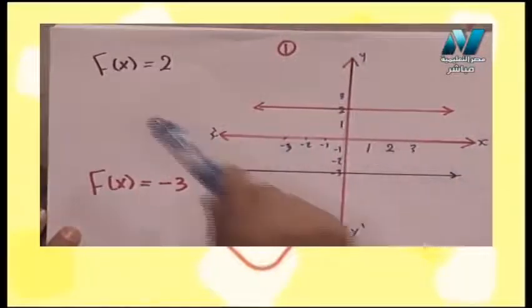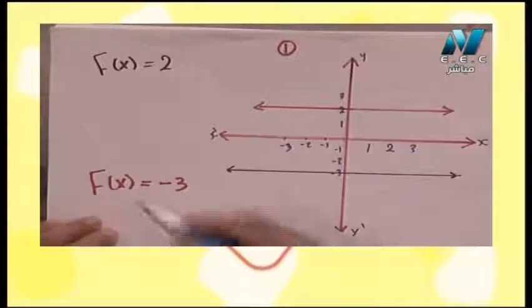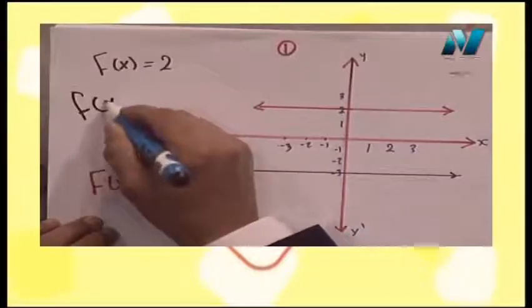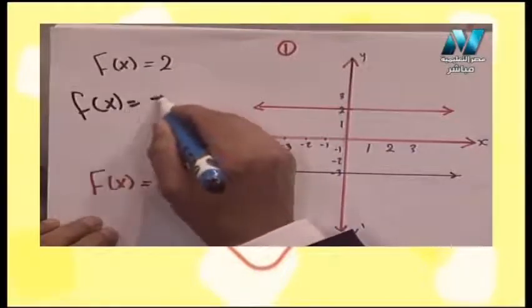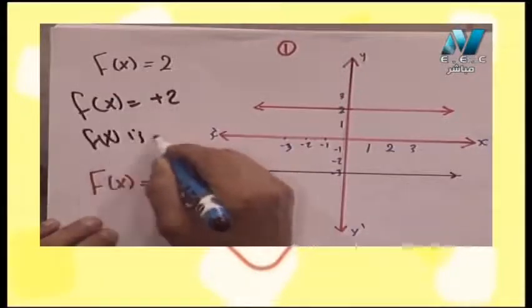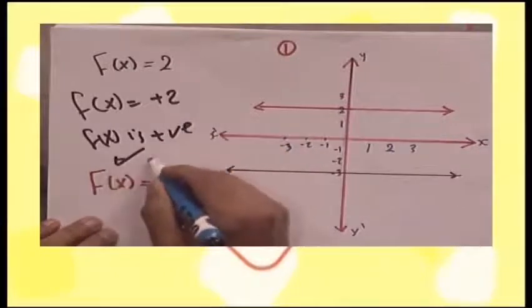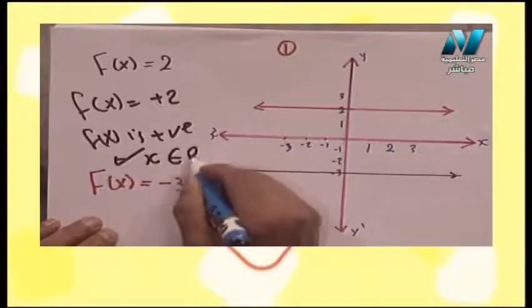Yes, we have here f(x) equals positive 2. So the function is always positive. f(x) equals positive 2, so f of x is positive for all x belongs to R.